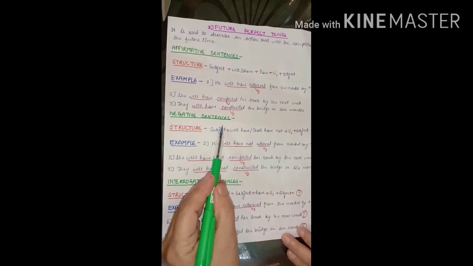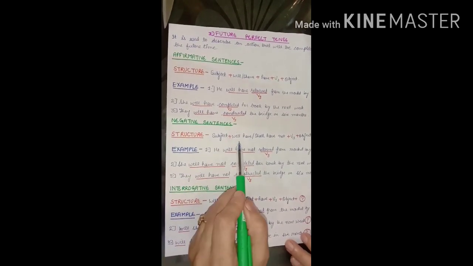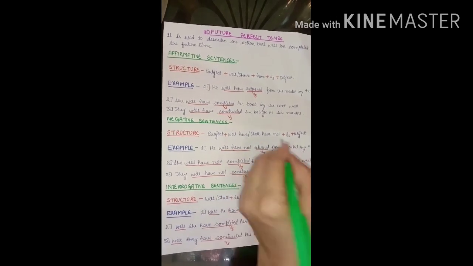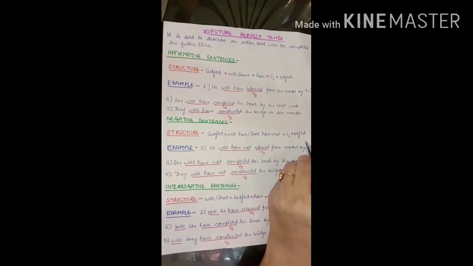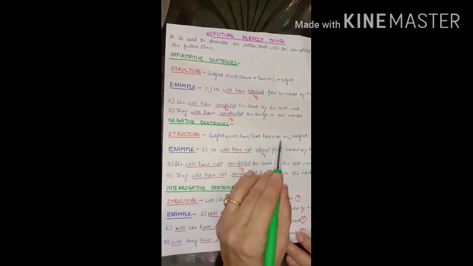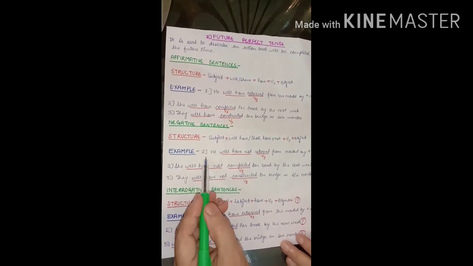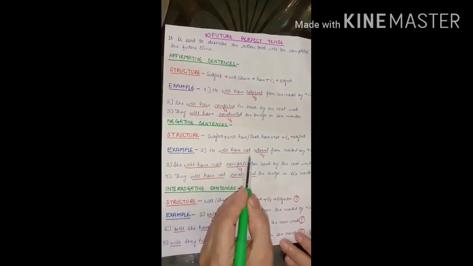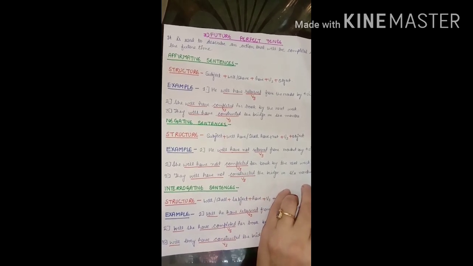Negative sentences. The structure of negative sentences will be subject, will have or shall have, not, third form of verb, and object. Will have not and shall have not will be used with the subject. First example: he will have not returned from the market by 4 o'clock.